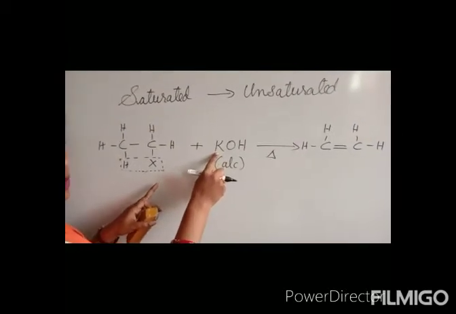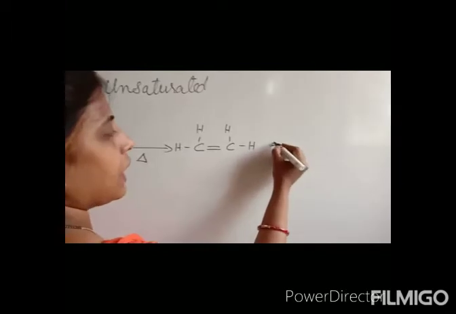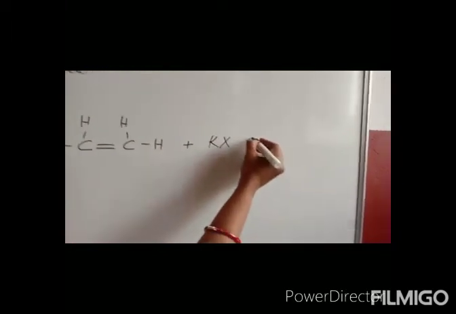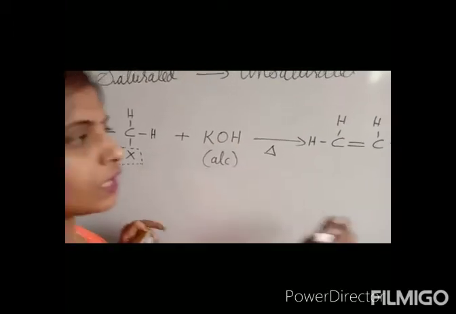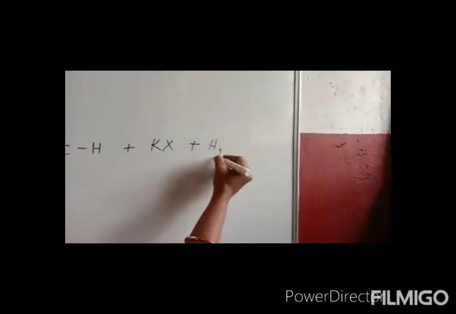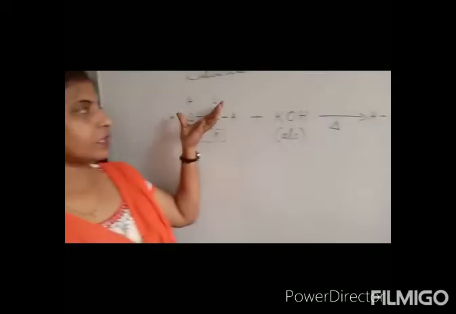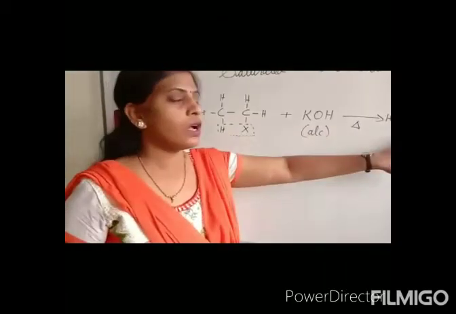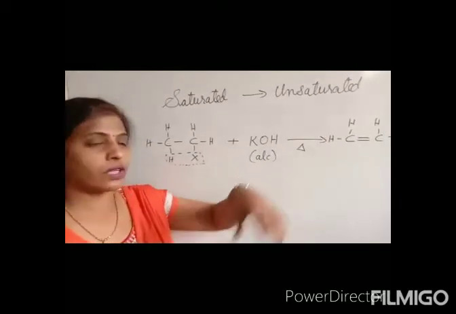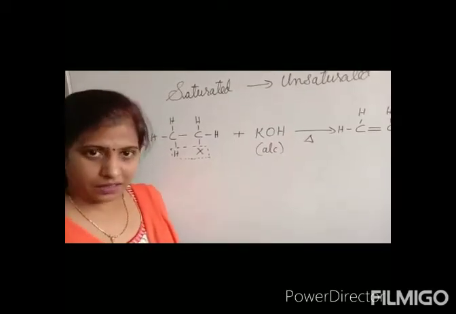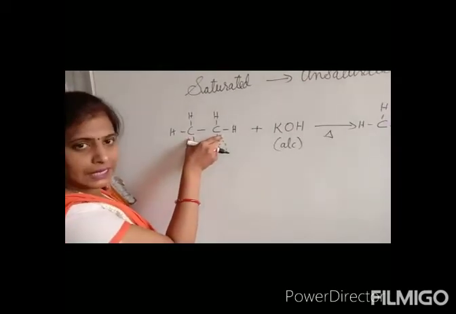The K group, that is potassium group, will combine with the halide and come out as KX. The OH group will combine with hydrogen and come out as the water molecule. Right? So obviously I have converted a saturated compound to an unsaturated compound. So in this reaction I have my product as what? The alkene. Right?